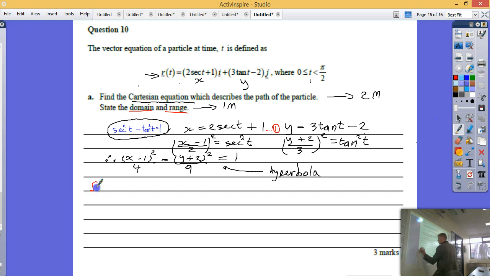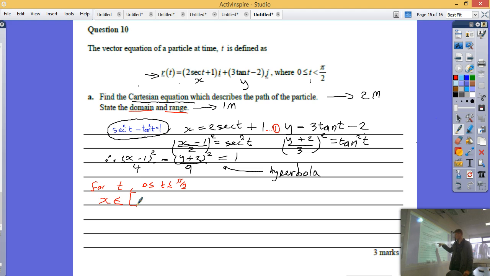So for t, that ranges from 0 to pi on 2, which is the domain of our parametric equations. Then what will I get for x? x is going to be some element between a minimum and maximum x.